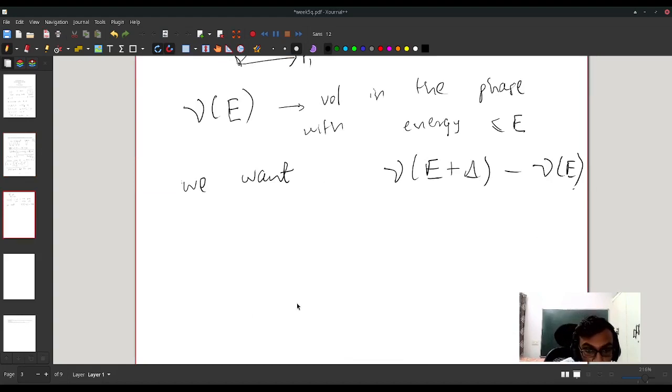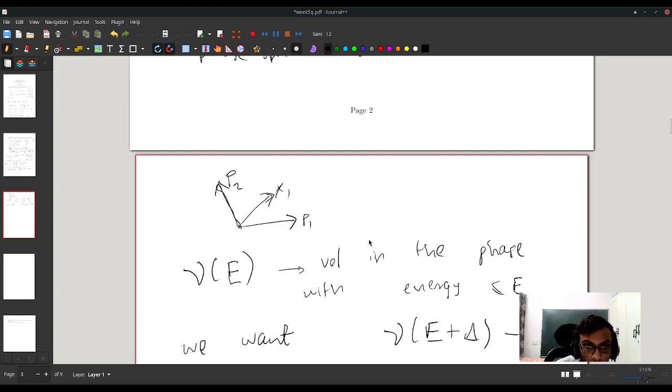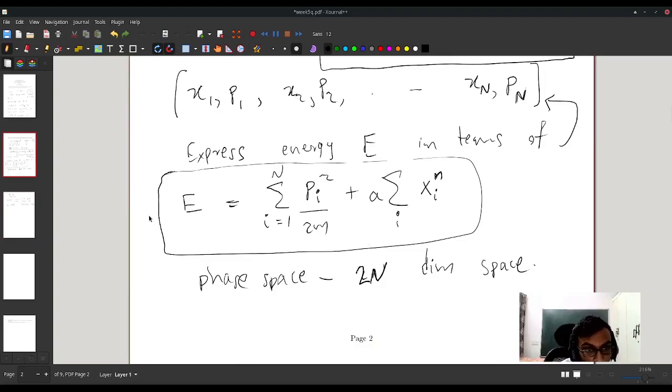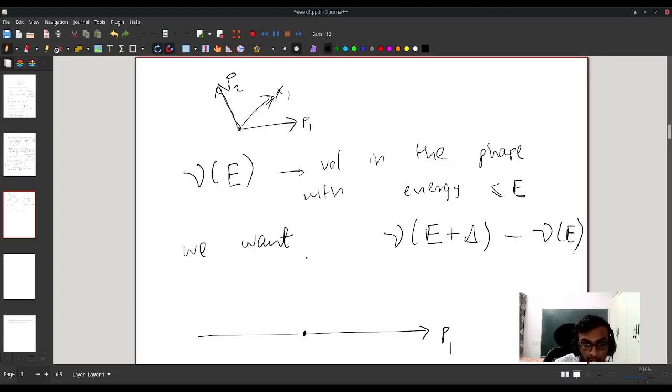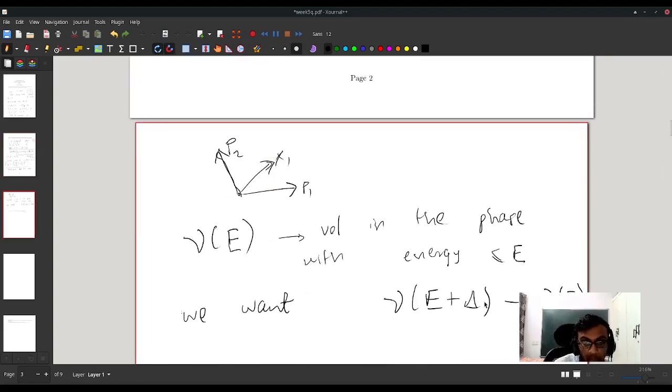So let's be more concrete and try to understand that statement. We can look at the points on the axes where the surface cuts the axis. Let's focus on this axis P1 and ask, is there a point on this axis at which the surface cuts it?